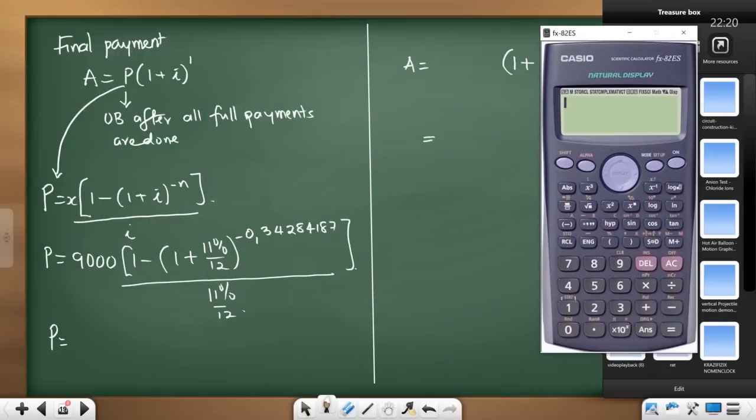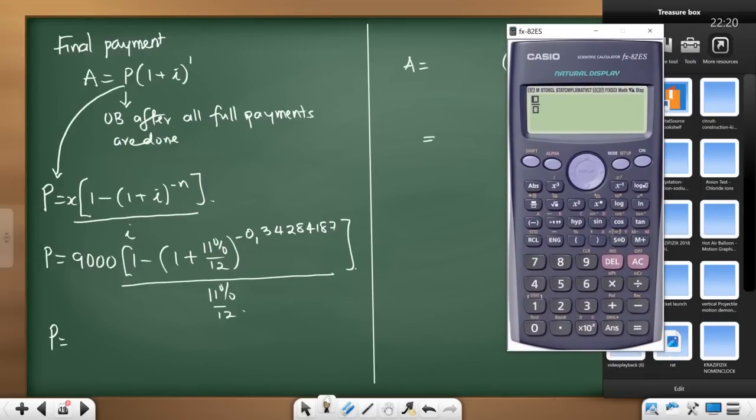Quickly, let's get this sorted. What do we have? Okay, so I'm going to say 9 grand. All right. Please type it the way you have written it. So type nicely. Like I said, some of you write and you can't even read what you have written. Minus 0,3428 41.